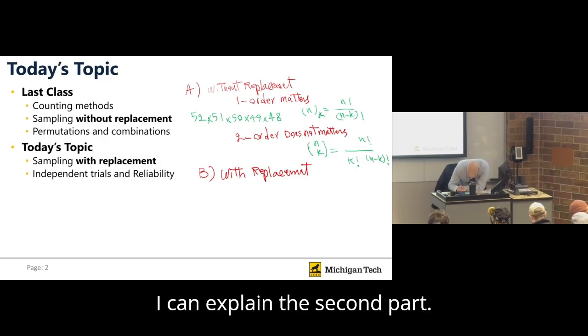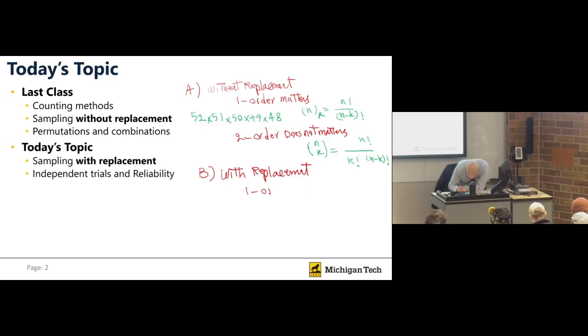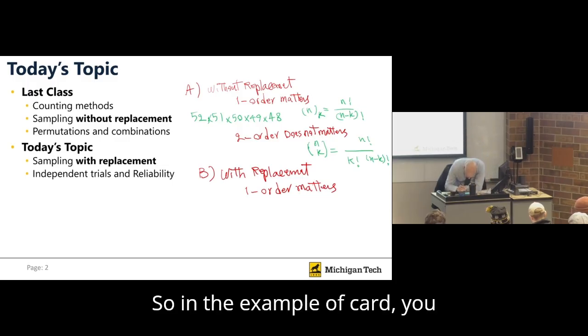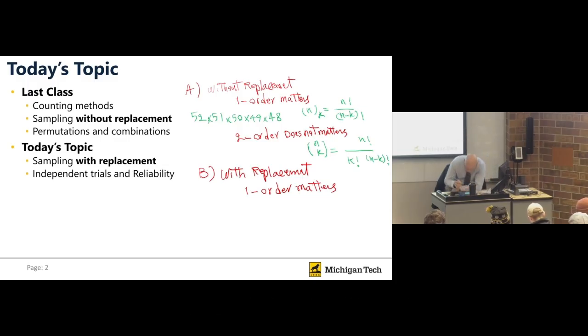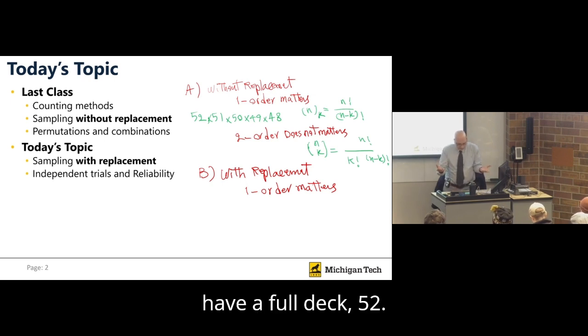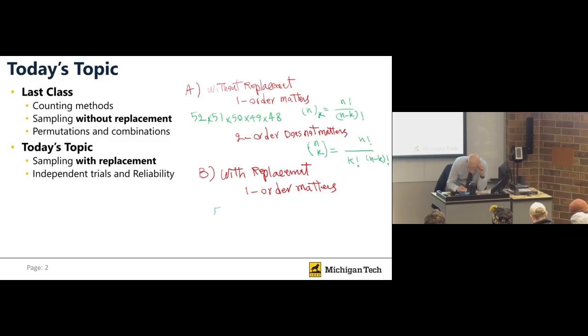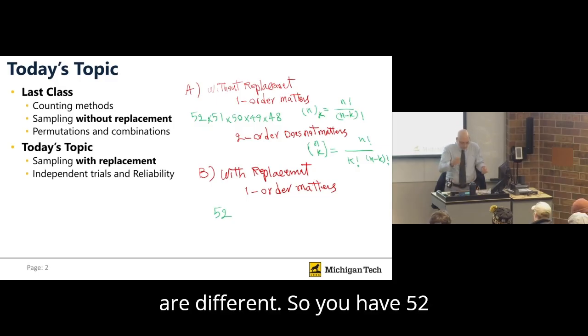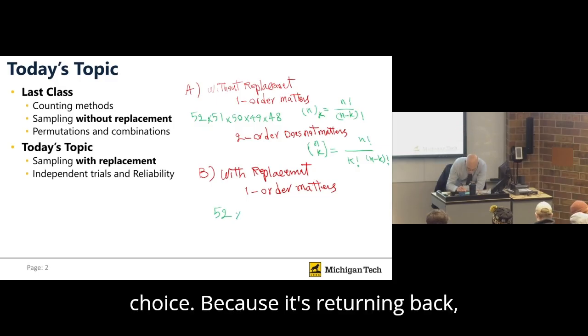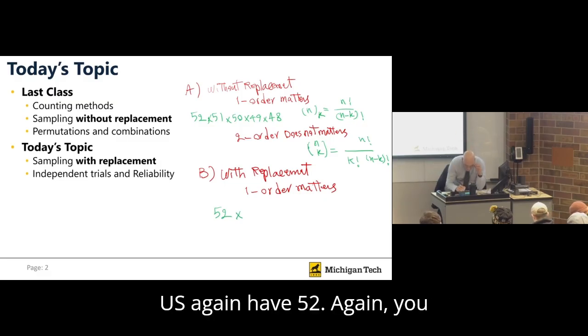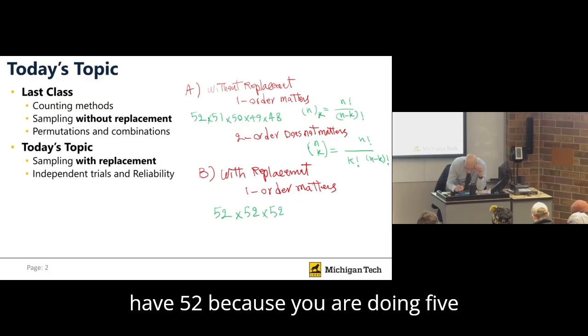But I can explain the second part too. Order matters, okay? So in the example of cards, you have a full deck of 52. You take 1, so you have 52 choices, and they are all different. Because you return it back, you again have 52. Again you have 52, because you are doing it 5 times.